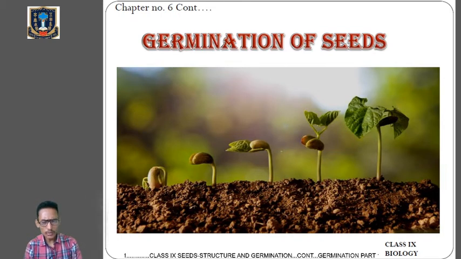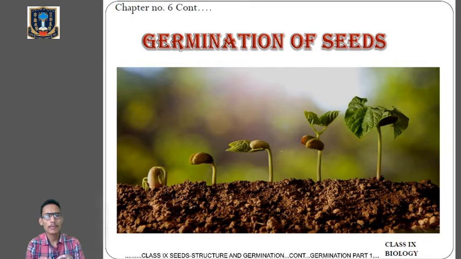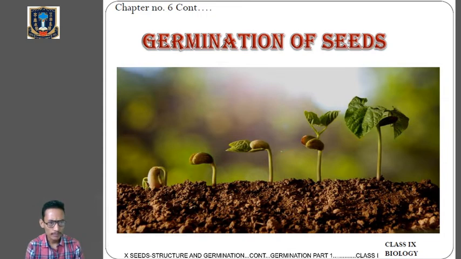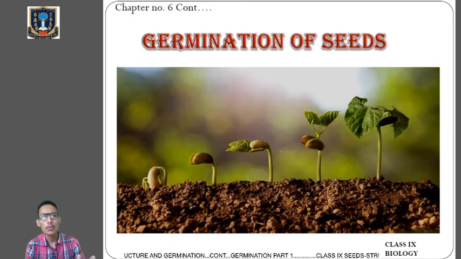All seeds have a dormant period, the inactive embryo stage. During this stage, the seeds will not germinate. It is also called dormancy, D-O-R-M-A-N-C-Y. Dormancy is a period of rest where the seeds will not germinate.